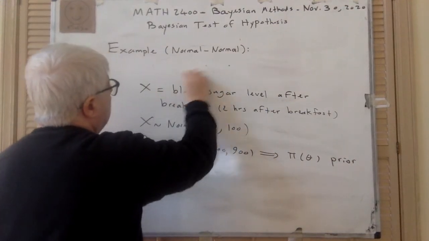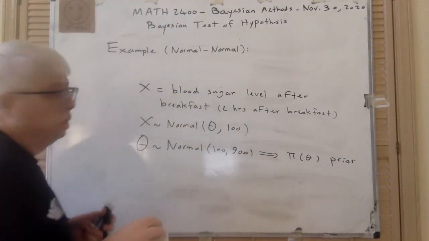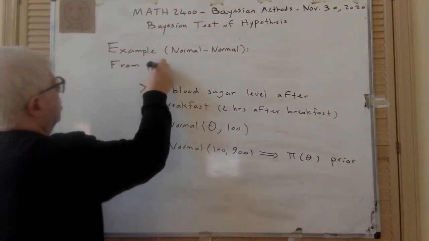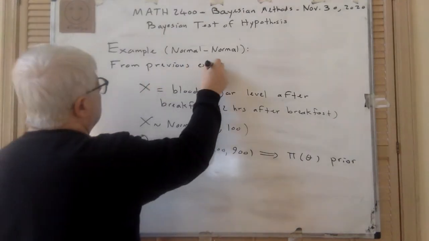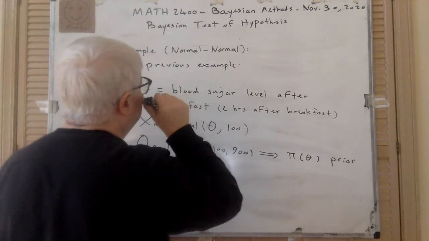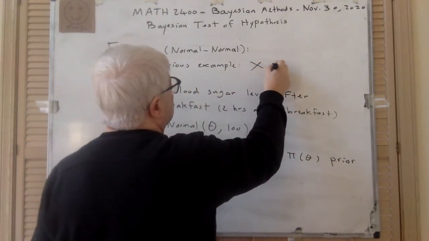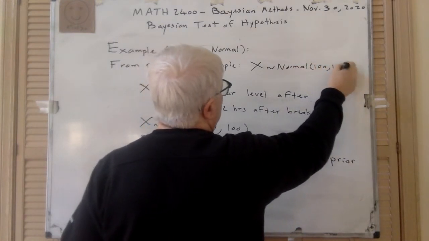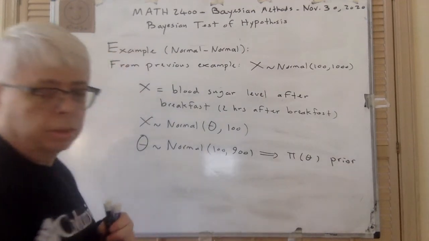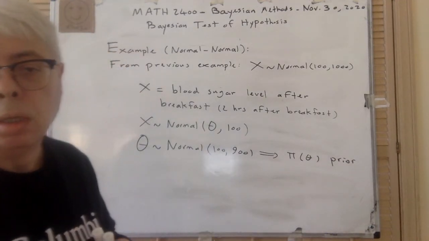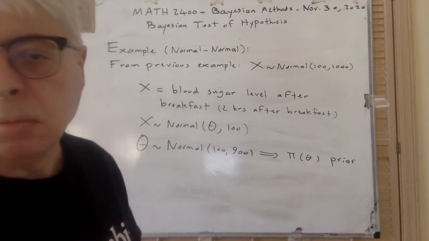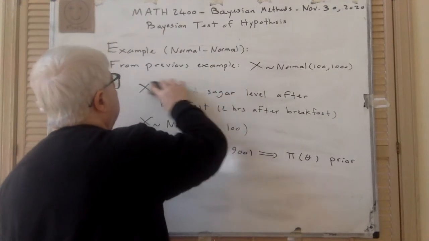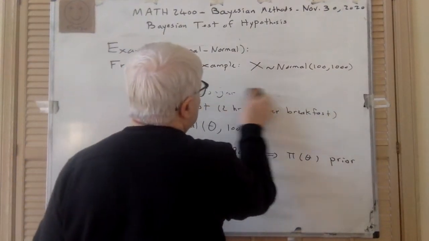From the previous example, we found that x is 1000, I guess, if I remember correctly. And also we found the posterior distribution for theta.